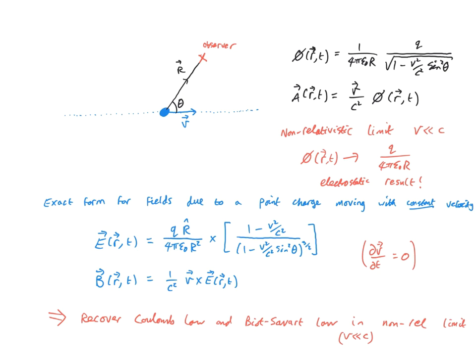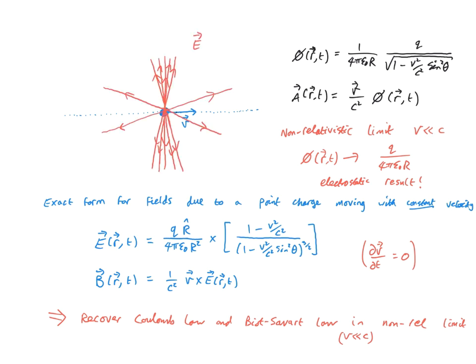So how does this actually look? Let's plot these electric and magnetic fields. What I've plotted here on the diagram is a very badly drawn sketch of the electric field, and what I'm seeking to show with this sketch is that the field lines are still radial, pointing out instantaneously away from the moving point charge. However, the electric field strength becomes very much focused in this perpendicular direction, and it's much, much weaker.